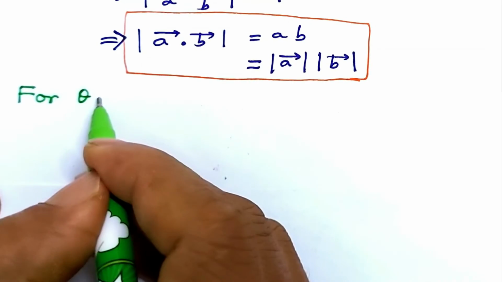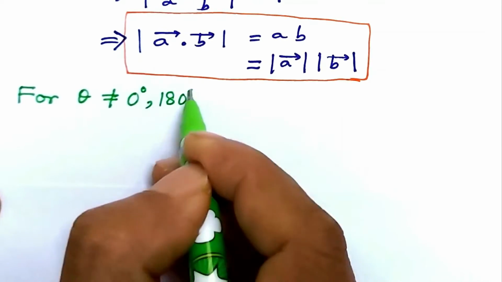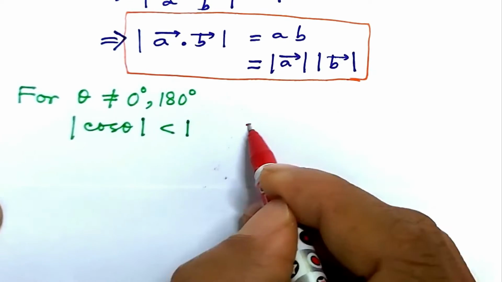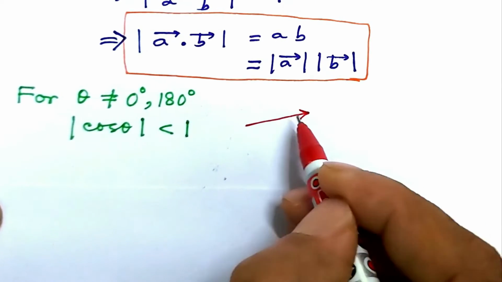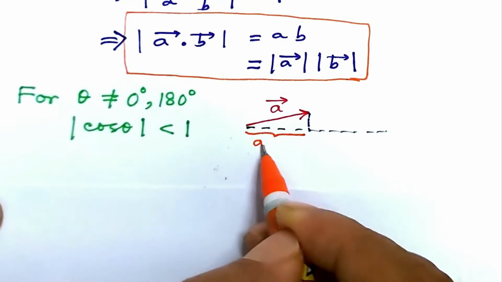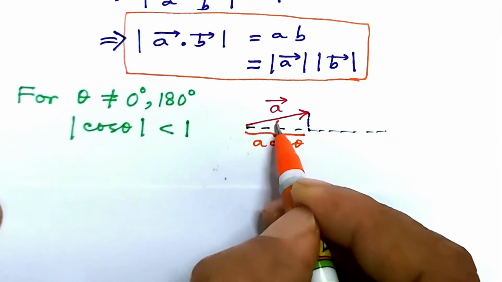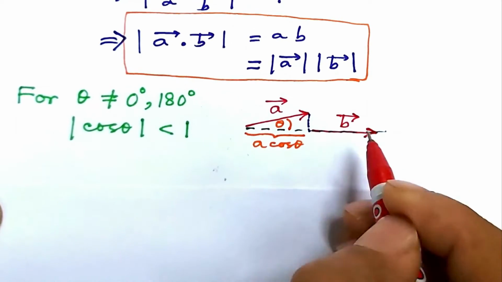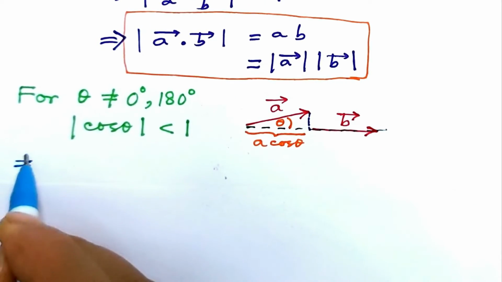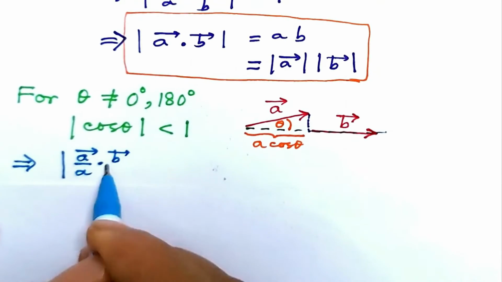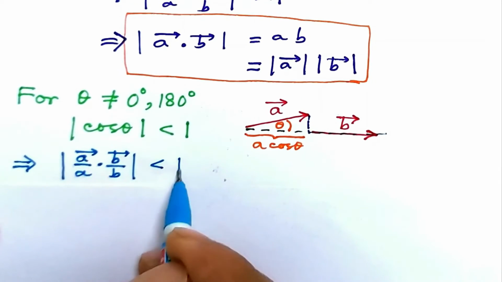For theta not equal to 0 degree or 180 degree, mod cos theta is less than 1. Let this arrow represent vector A. The projection of vector A is A cos theta, where theta is this angle and this arrow is vector B. Let us put for cos theta mod of vector A by A dot vector B by B. It is less than 1.